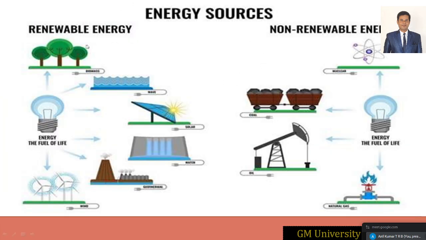So this image shows the renewable energy, correct? You have the wind, the solar, various kinds of solar parks, and also the wind turbines. And these are the renewable and non-renewable energies, right?